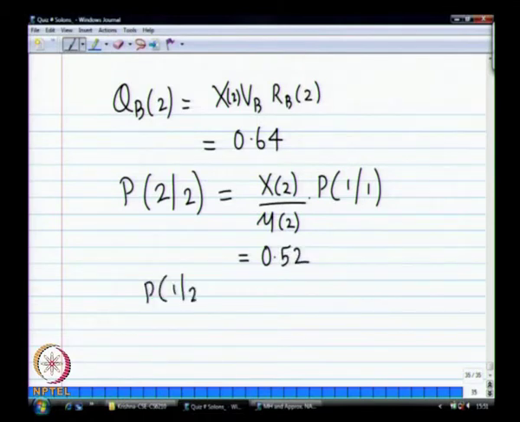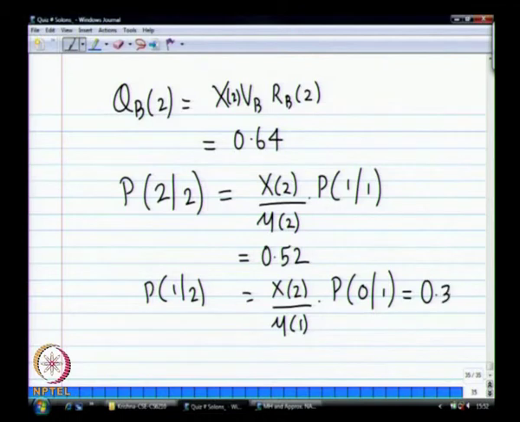Then P of 1 comma 2, again, P of j comma n is given by X of n by mu of 1, so remember that, then P of j minus 1 comma n minus 1. So this is P of 0 comma 1, and that is nothing but 0.32.